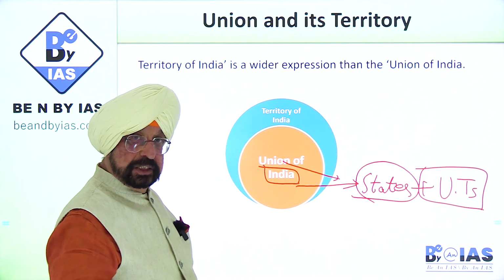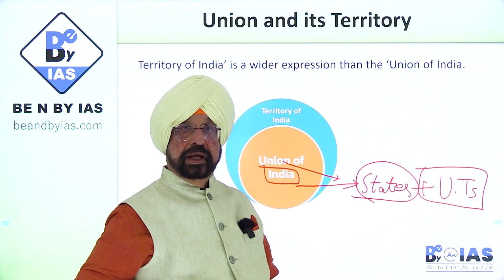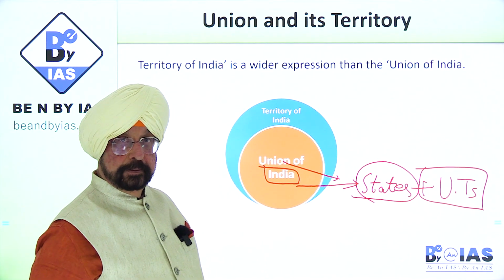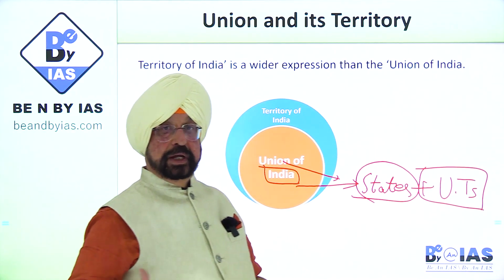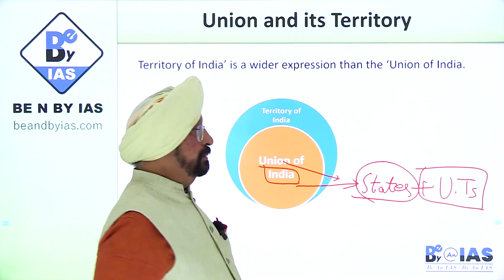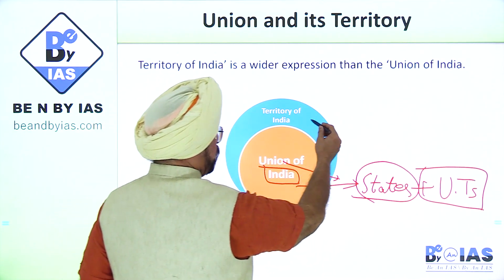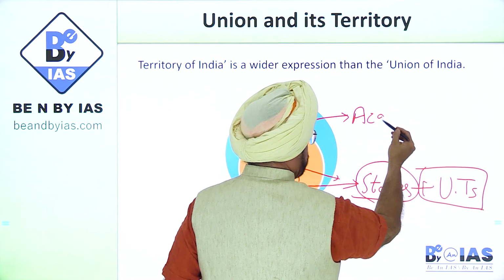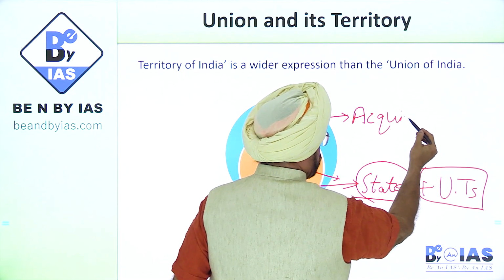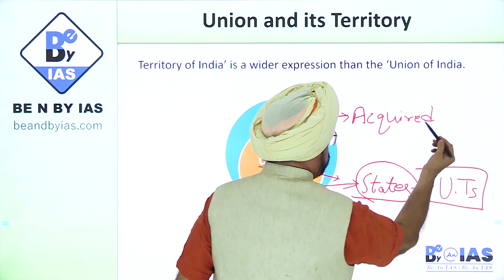But the next part, that is acquisition of new areas, acquisition of new territories, which is the prerogative of a sovereign nation, comes here. So that is to be acquired at any point of time.